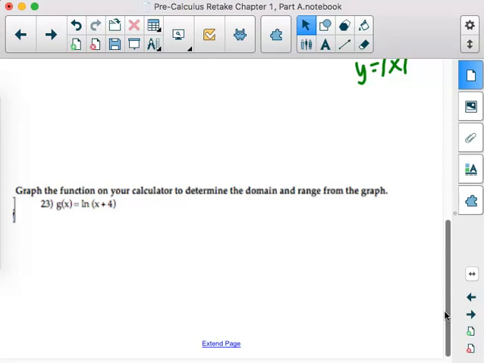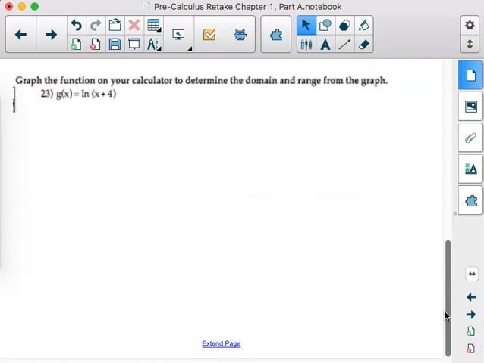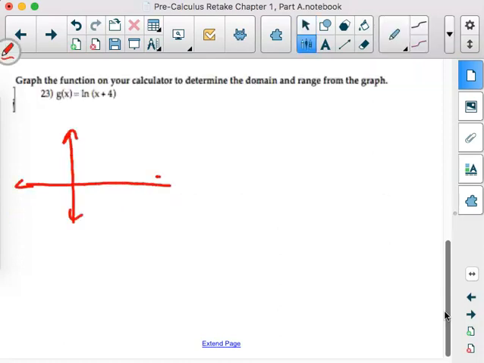And then this is graph the function on your calculator to determine the domain and the range of the graph, because this one again talked at great length about how there's that hidden behavior on the calculator, and so you had to know that this graph was translated 4 units to the left and looks like this, in order to figure out that domain and range.